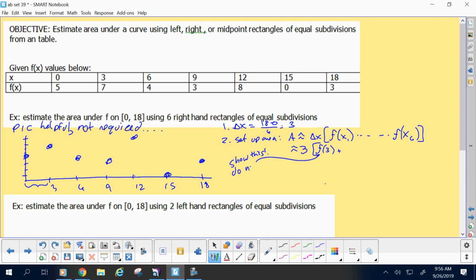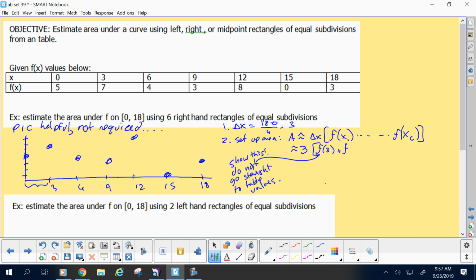Do not go straight to the table values. You shouldn't make the reader have to go back and say, oh, he put in a 7 there. Where's that from? It should be clear. I used f at 3. I shouldn't even need to see the table to know what you're doing. All right. What about the next then?